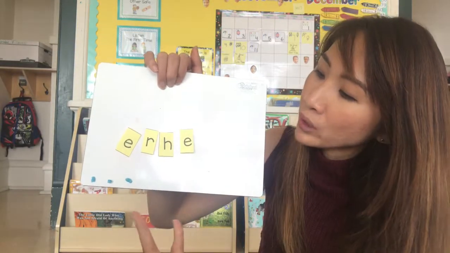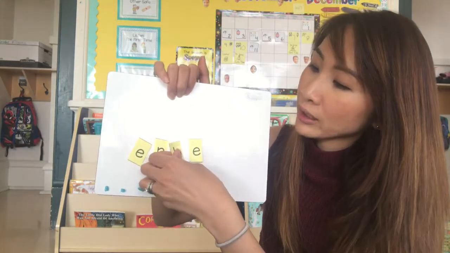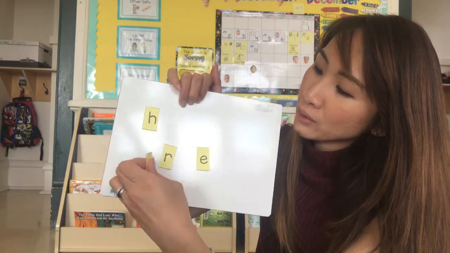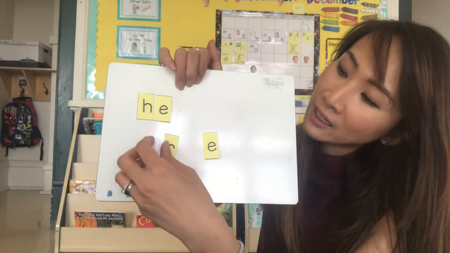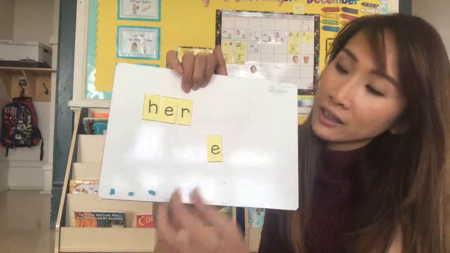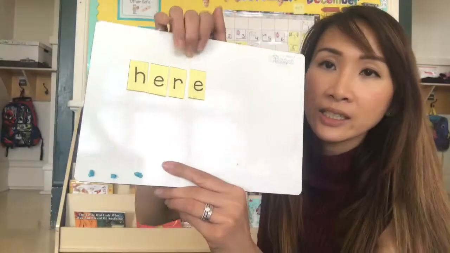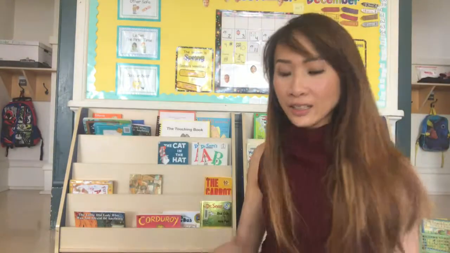So this one, which is the letter that would start first? And they're going to make the word. If you say H goes first, you're right. What's the next letter? E. And the next letter? R. And the last letter, E. What word is this, Care Bears? Here. Good job.